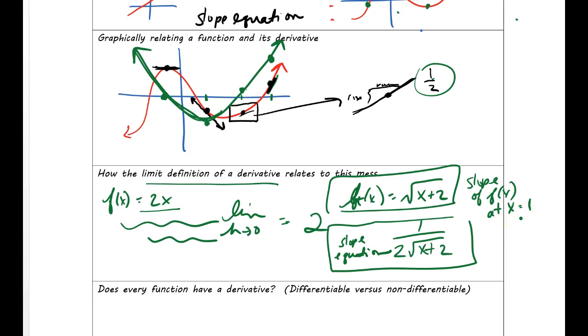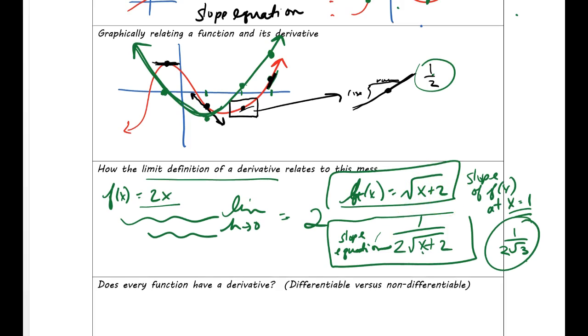Well, you would just take 1 and plug it into your slope equation. So hopefully that makes sense. If you want the slope, plug it into the slope equation. So 1 gets plugged in here, and you would math it out. So that would be 1/2 root 3. So this is the slope at the point 1 if you had the ability to zoom in really close with your eyeballs on that graph.